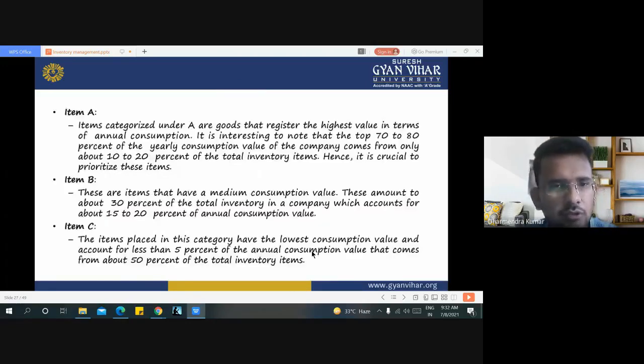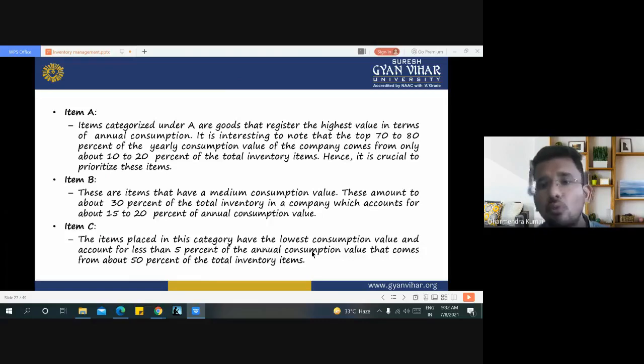These are also some descriptions according to the percentage of money invested in overall inventory. Item A is categorized under the goods that register the highest value in terms of annual consumption.